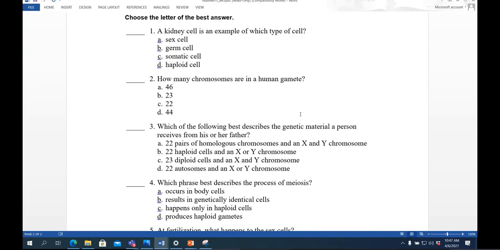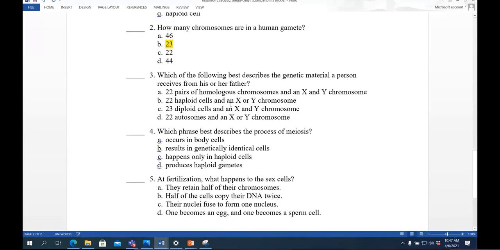C. Yes, it is a body cell or a somatic cell. Right answer. Leen, number 2. How many chromosomes are in a human gamete? 23. The germ cell. Perfect. Layan, number 3.